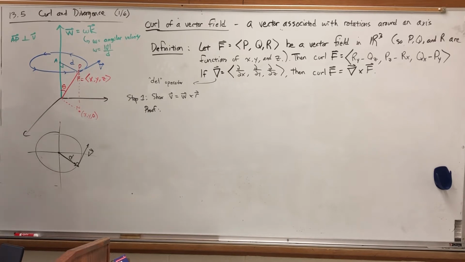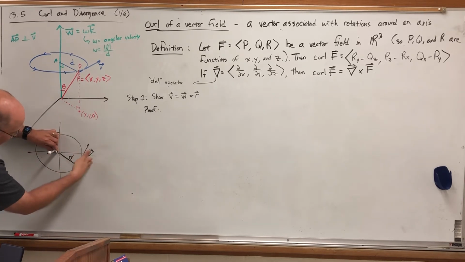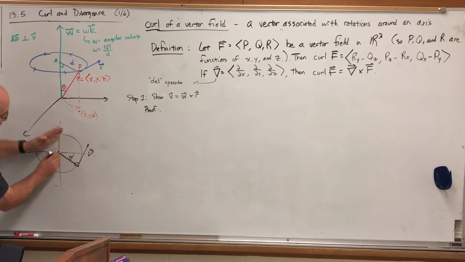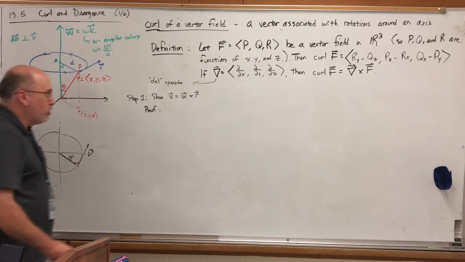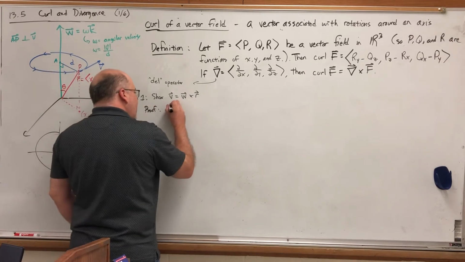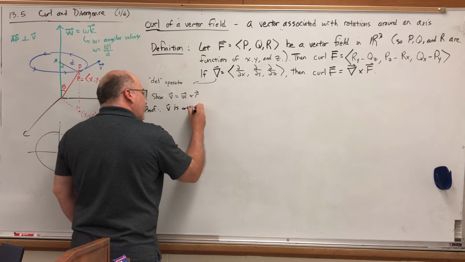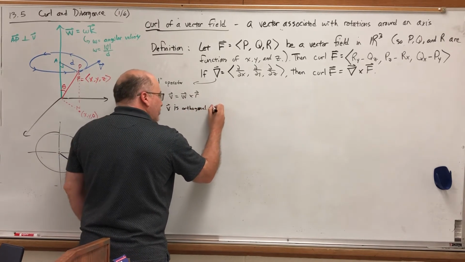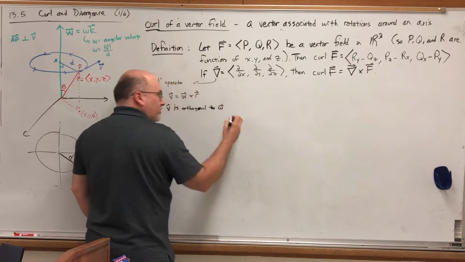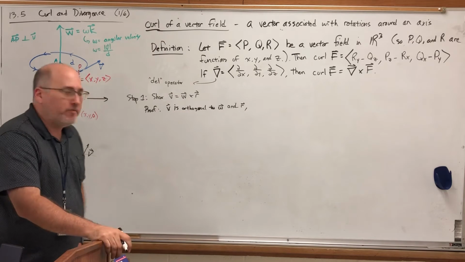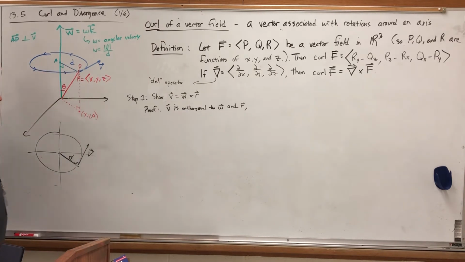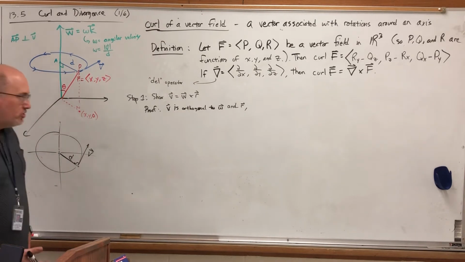The fact that it's orthogonal to the axis of rotation should also be pretty obvious because the axis of rotation is sticking out here. And if I just translate this vector V across D and put it here, there, it's orthogonal to the axis of rotation, W. So we know that V is orthogonal to W and R. Now that doesn't make it the cross product, but it makes it parallel to the cross product, because remember, the cross product is a vector that is orthogonal to two given vectors.